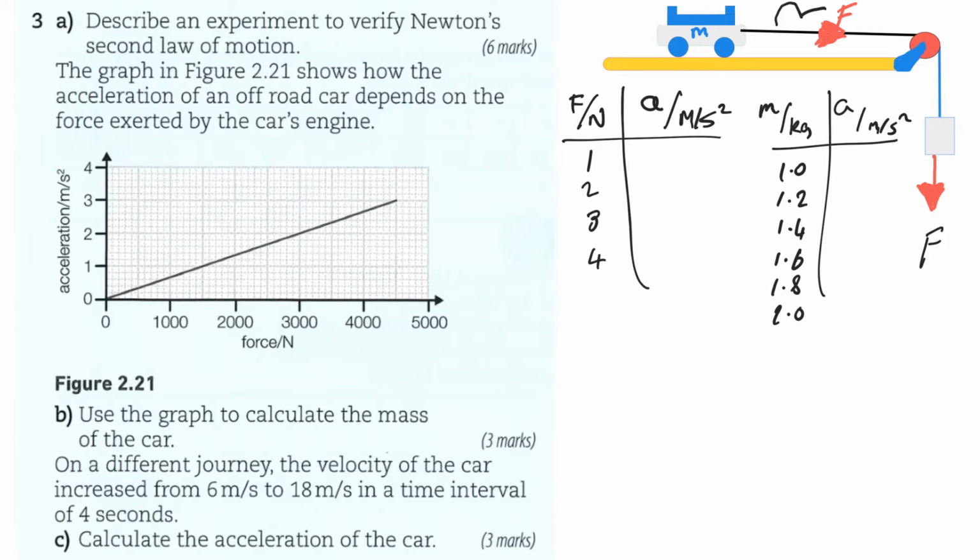And so in both cases where you're changing the force, you get a set of accelerations. Where you change the mass, you get a set of accelerations, and they're all coming in via this light gate and data logger.